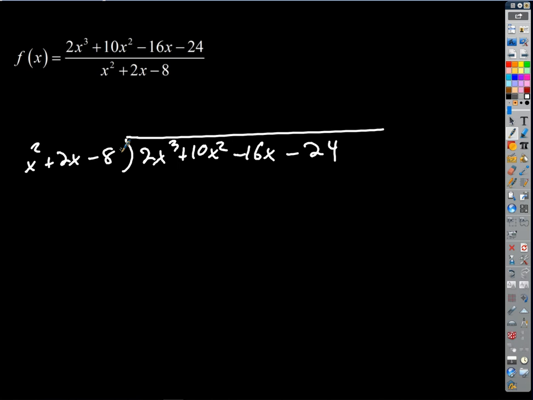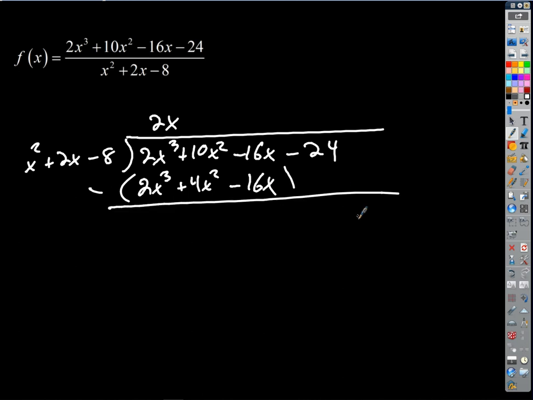Okay, long division. X squared goes into 2x cubed how many times? 2x. I distribute the 2x: 2x cubed plus 4x squared minus 16x. I subtract, so those cancel, and I end up with 6x squared plus 0x minus 24.